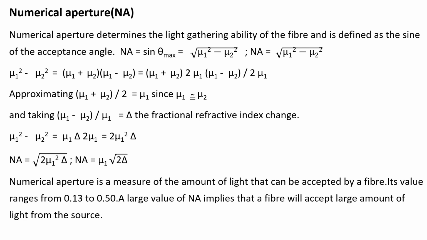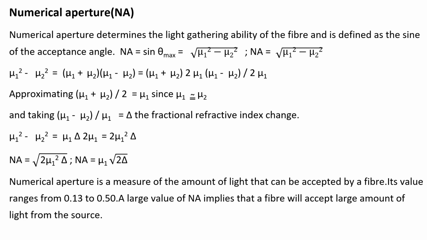Therefore, the expression for the numerical aperture, which is the root of mu1 square minus mu2 square, is the root of 2 mu1 square delta, or numerical aperture is equal to mu1 into square root of 2 delta, where delta is the fractional refractive index change and mu1 is the refractive index of the core.